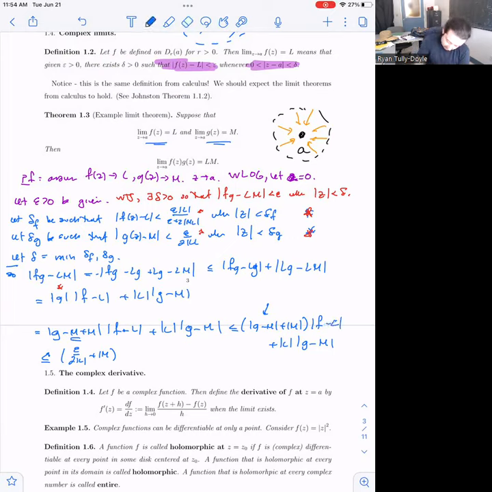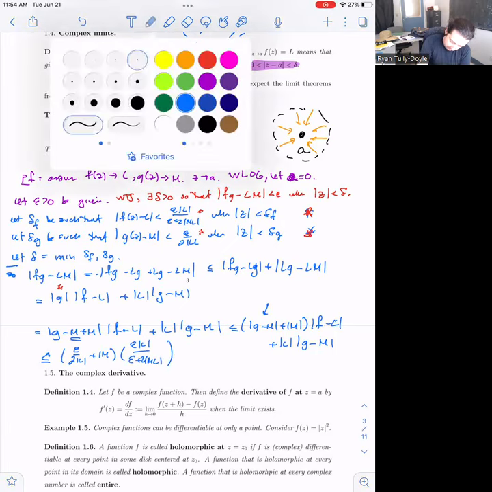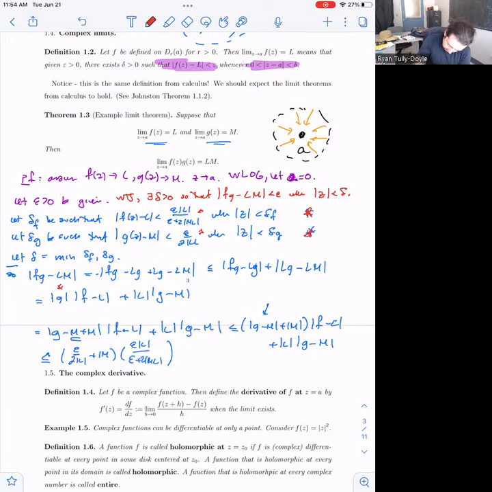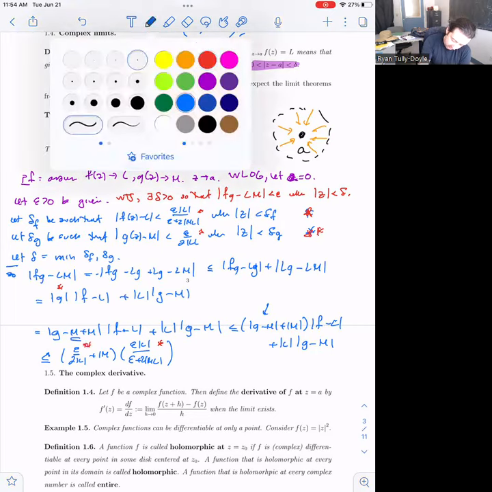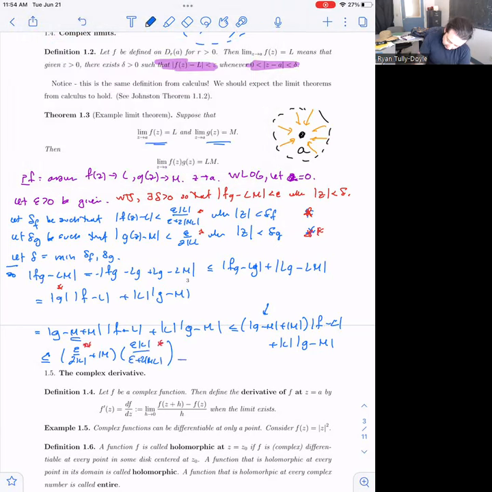And |f − l| is smaller than this weird looking epsilon times |l| over epsilon plus 2|m||l|. That was using this inequality. Put two stars here so I can designate. This used the second inequality right here. And then this is the modulus of l, and then I've got |g − m|, but |g − m| is less than or equal to epsilon over 2|l|. And now stuff just cancels.